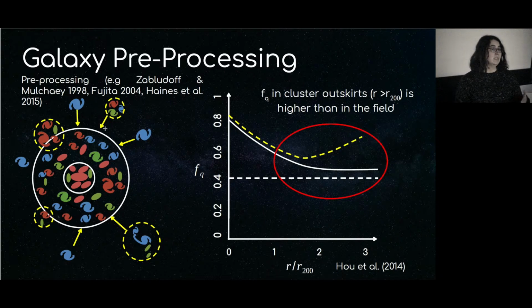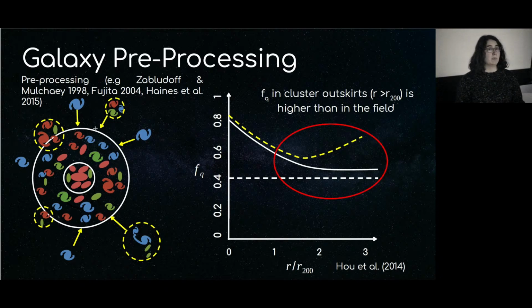This is very interesting because it gives us the idea that the galaxy group is the main environment in which galaxies quench their star formation before falling into the galaxy cluster. This result cannot be explained by the processes or mechanisms that galaxies suffer when they pass within the R200 of a galaxy cluster.